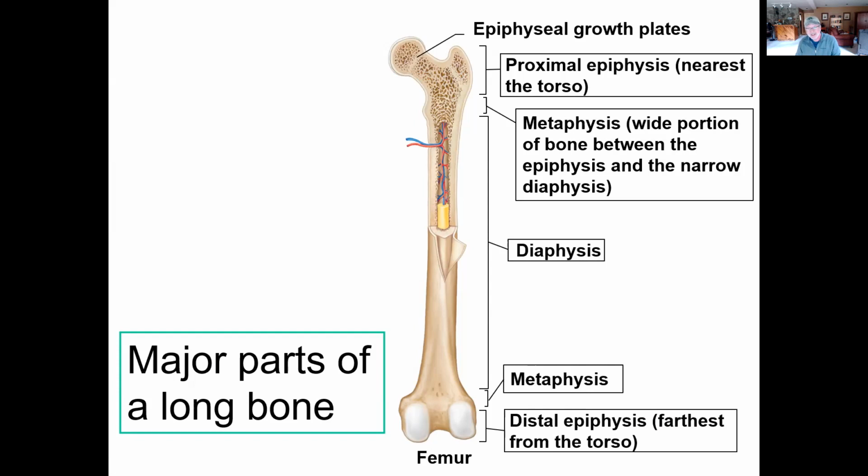And that's all we're going to really say about that. We don't often talk a whole lot about the metaphysis regions unless we're talking about specific anatomical structures that would be found in that particular area. But again, we don't talk much about that location other than to define it right here.